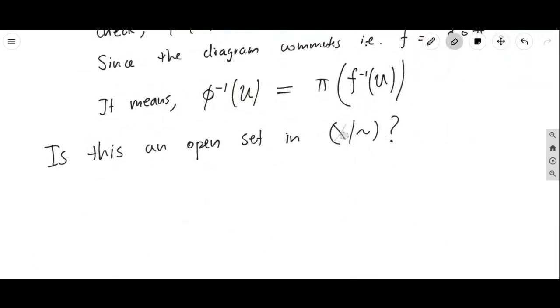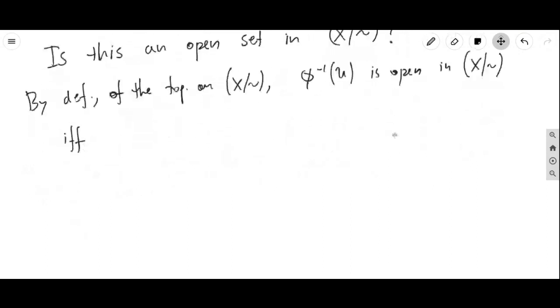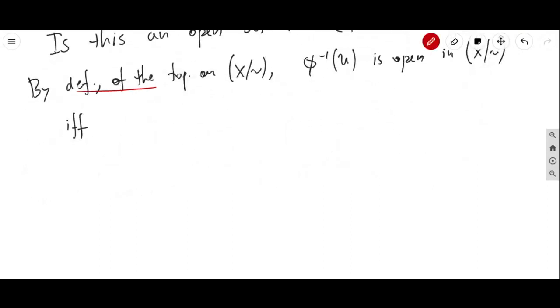So what's the definition of the topology? By definition of the topology on X mod tilde, phi inverse of U is open in the quotient if and only if... So let me just remind you what the definition of the topology is.